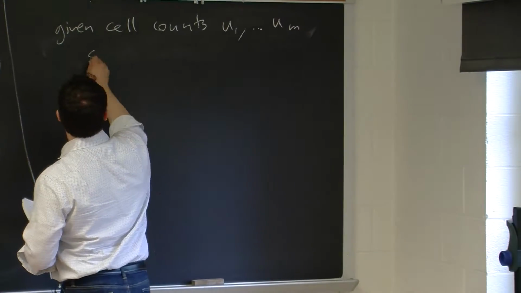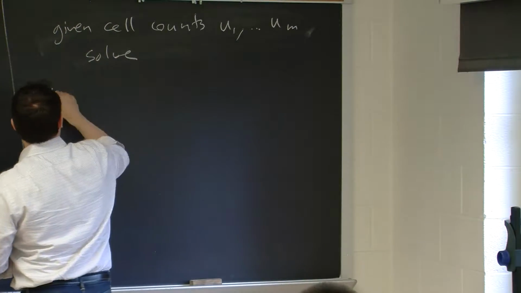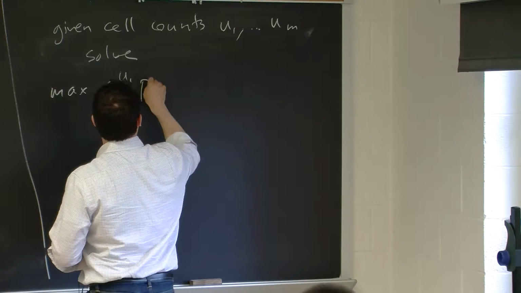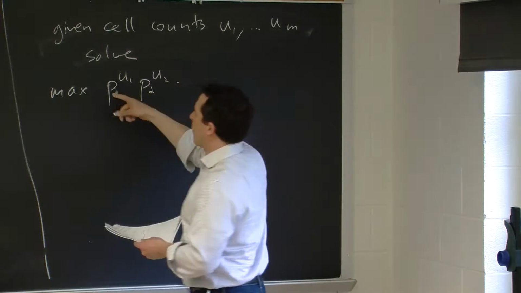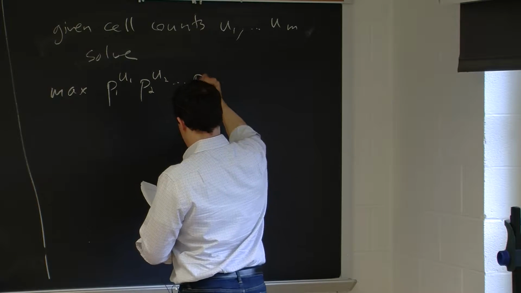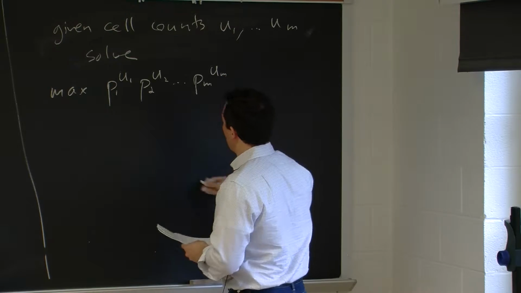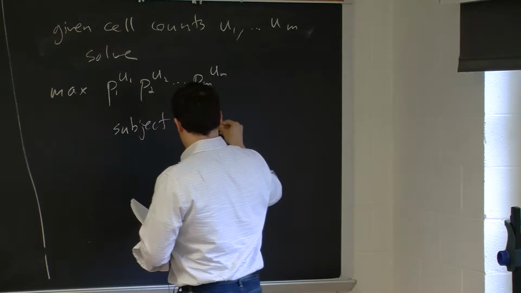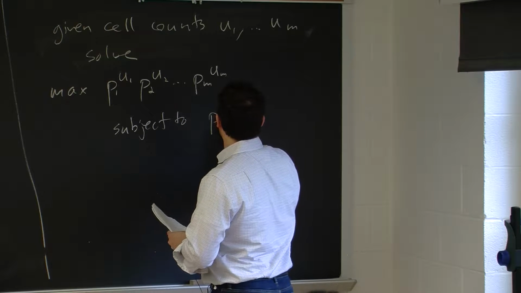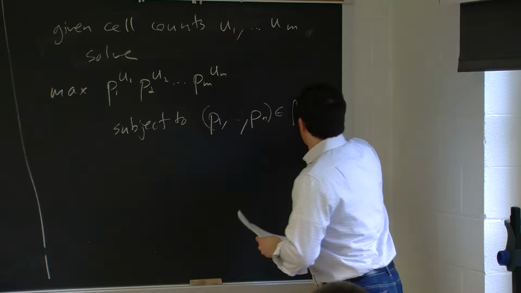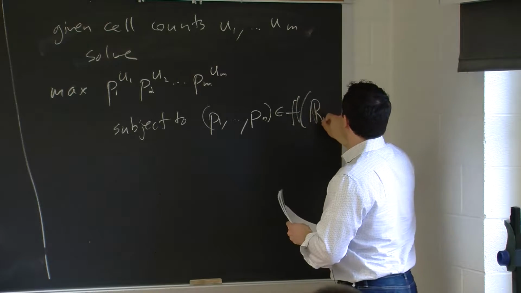And we maximize a likelihood function, P1 to the U1, P2 to the U2, which is the probability of each thing raised to the power of the number of times it happens, up to PM to the UM. And that maximization problem is subject to this vector of probabilities lying in the model.